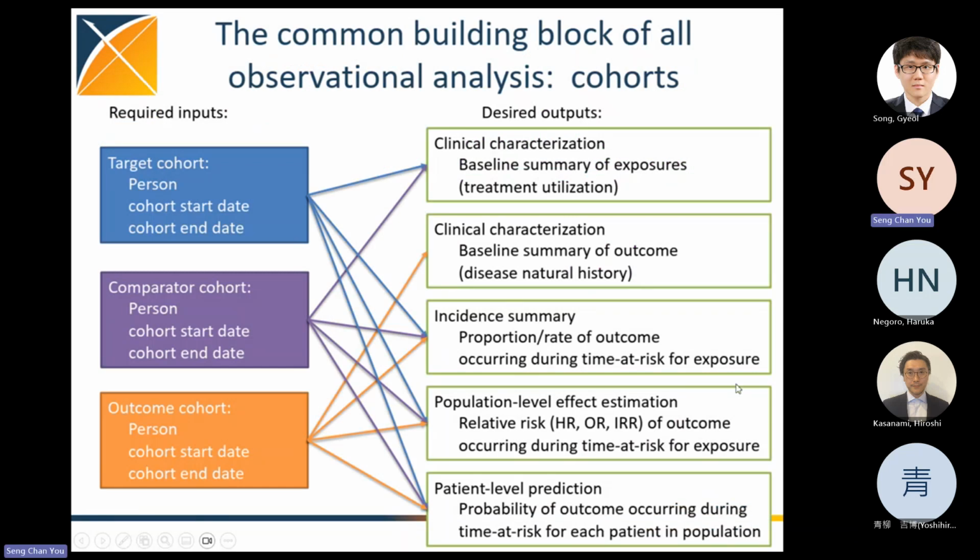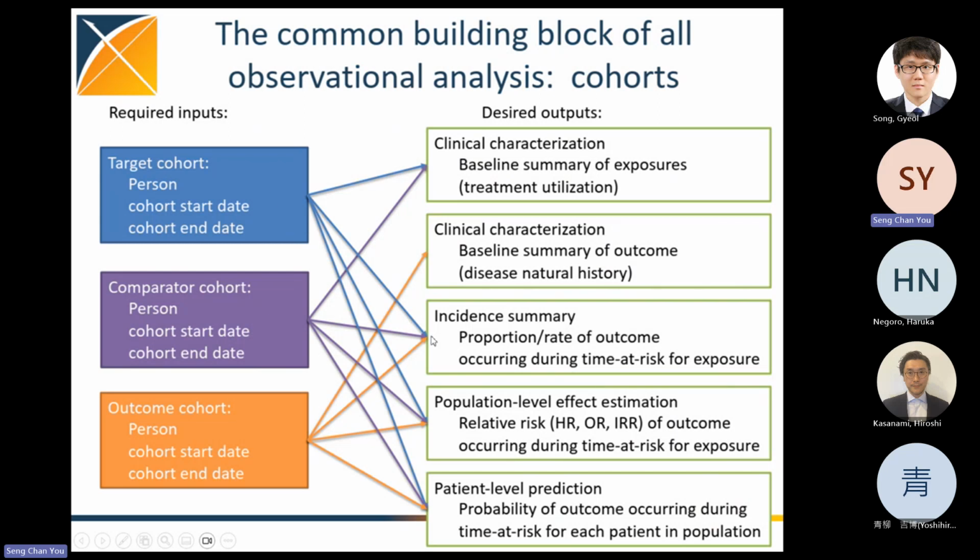And now, for the first time, we are learning about making cohorts, which is a building block in OHDSI. If you want to conduct a characterization study, as Danny showed you, then you can use only one cohort.